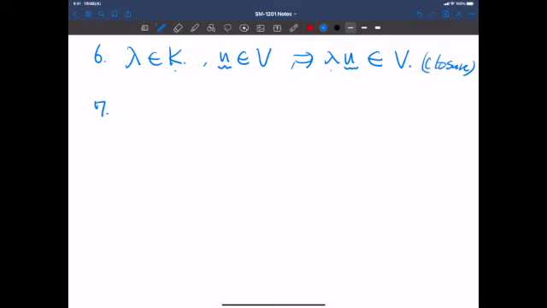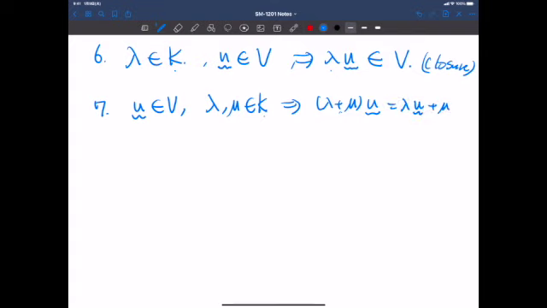And 7. If we have a vector u and two scalars, lambda and mu, then lambda plus mu is another scalar, right? Because K is a field, so K is closed under addition. And if you multiply this, then we get lambda u plus mu u.